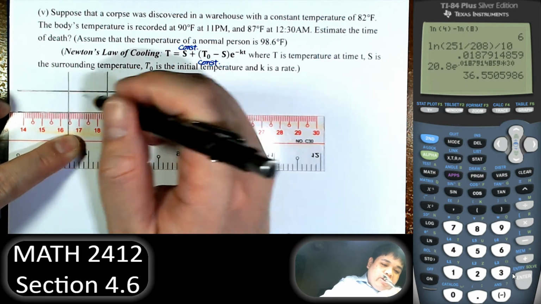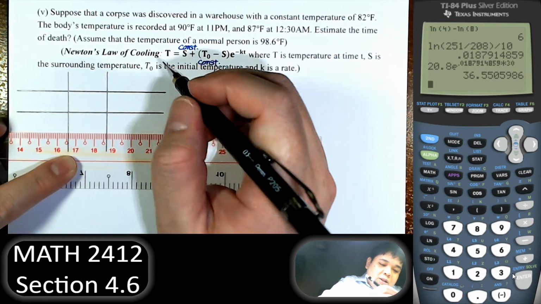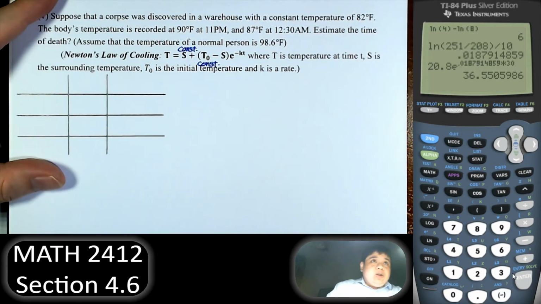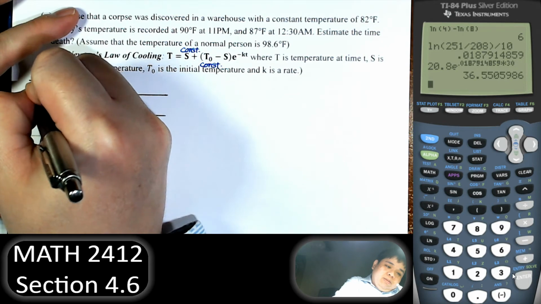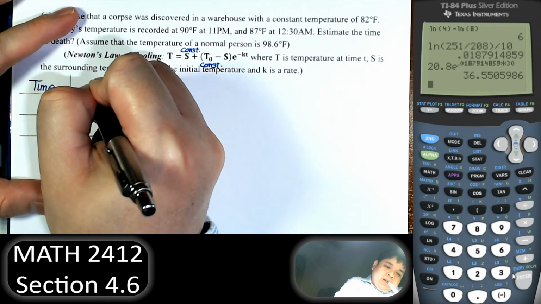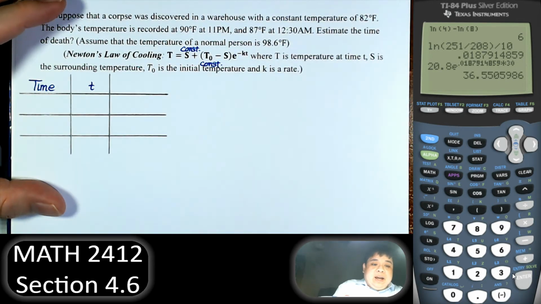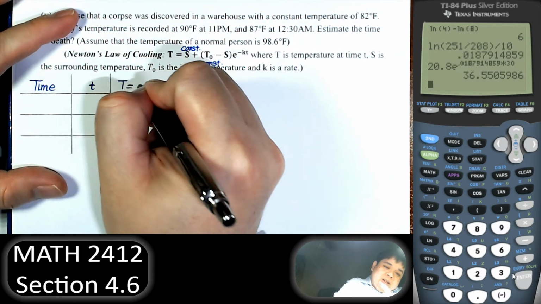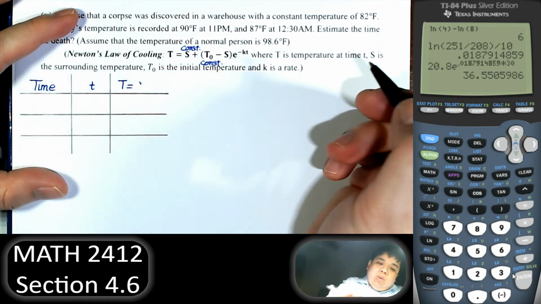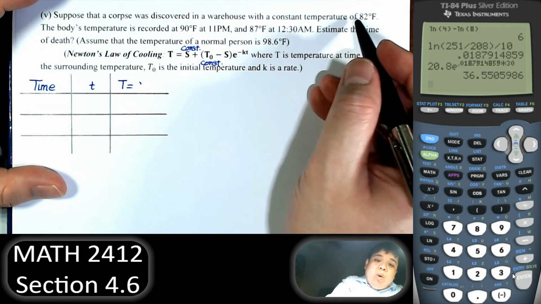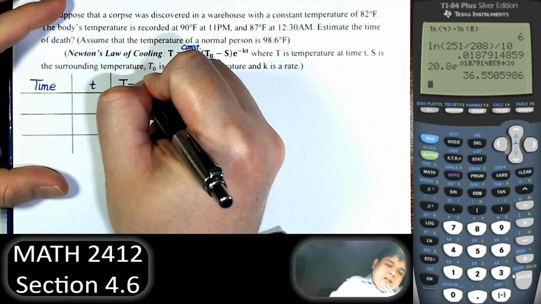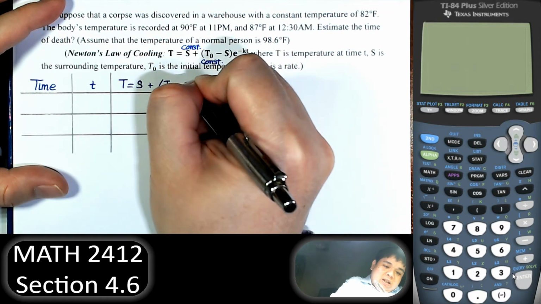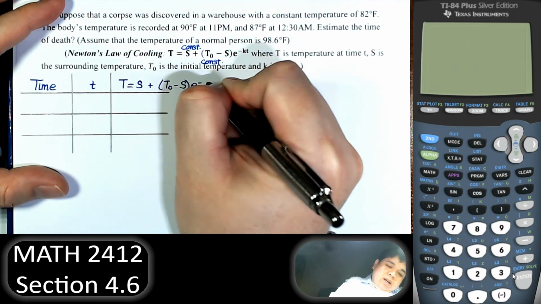So there will be 3 different states. So let's say the time is T, and here T is the temperature equal to the surrounding. What is the surrounding temperature? The warehouse, 82 degrees. I just write S plus T naught minus S, e to negative KT.